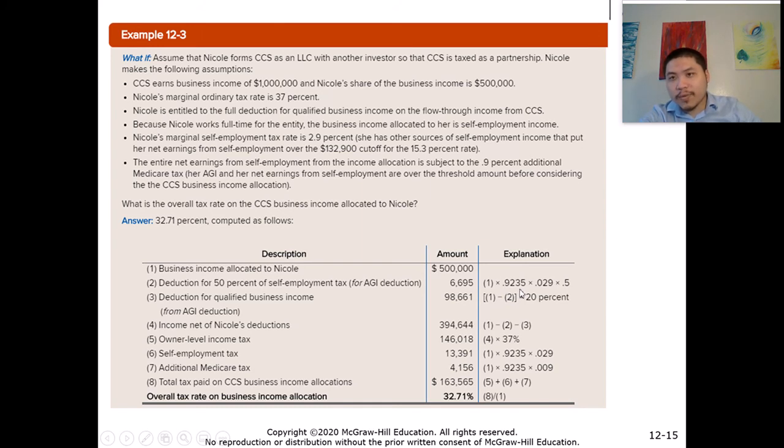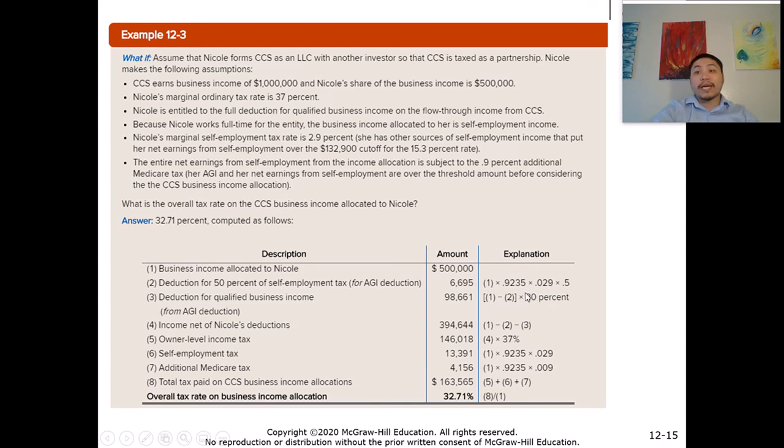If you don't remember, go back to chapter 8 and see. This is the way we calculate the base for self-employment tax. We take the self-employment income, gross income, times 0.9235 to get the base of the net business income, and then we times the marginal rate for self-employment tax.